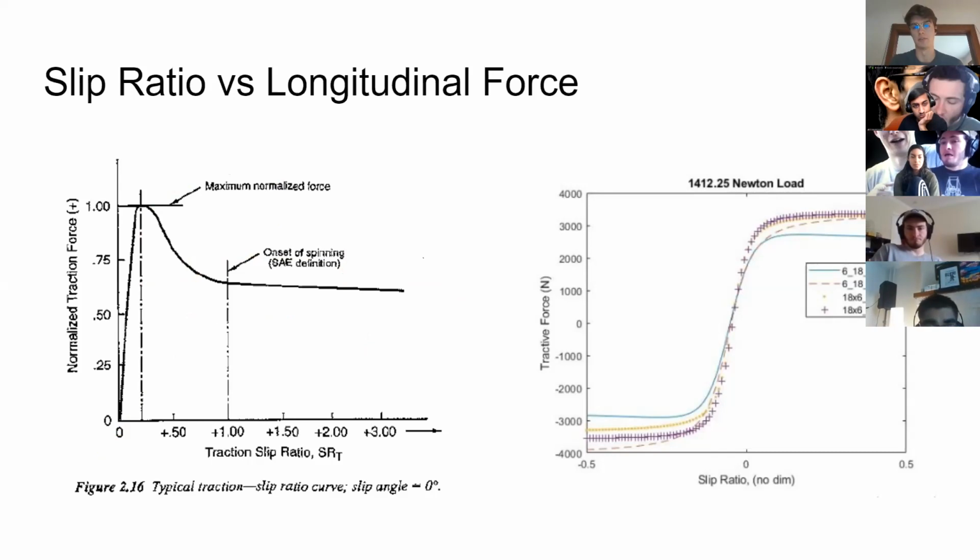The one on the left is from RCVD, the one on the right is for our tires. You can see it's pretty similar: there is a linear region and then it very quickly tapers off into a maximum tractive force that we can generate. I don't have too much more to say about this. Any questions about these graphs?